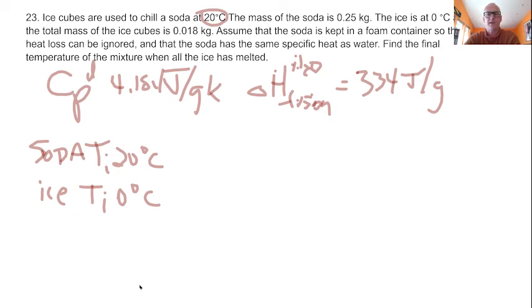What's the first thing we need to consider? Goes into the ice, exactly. What's the ice going to do? Melt. Ice is going to melt, exactly. So that's the very first thing we need to think about: how much energy does it take to melt that ice? And how much energy is that?